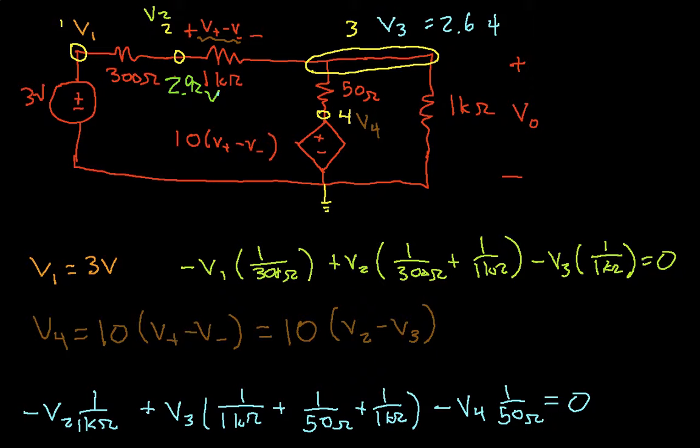And V4, which is the output of our source, was 2.76 volts. Okay. Well, so we had to resort to nodal analysis to solve it. It was some work. We discovered that the output is reasonably close to 3 volts. And I'll leave this as an exercise to the interested reader. I'm not going to redo this.